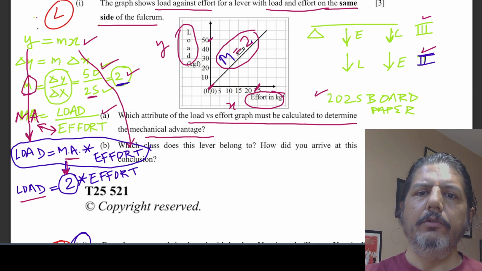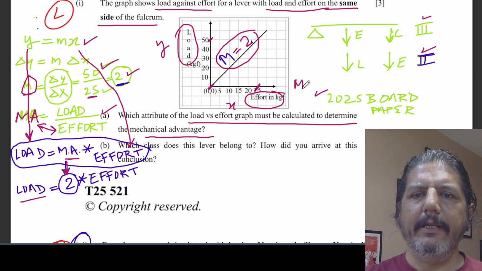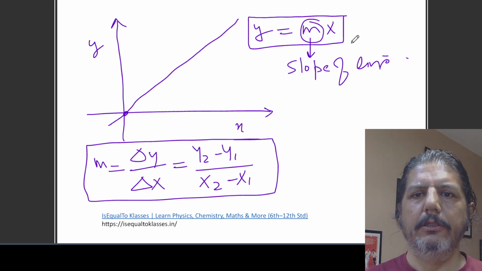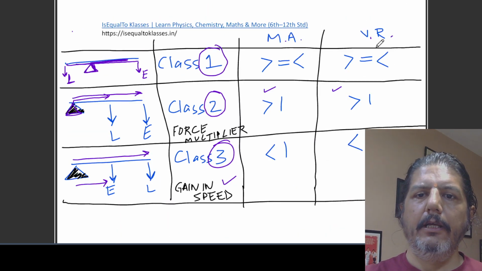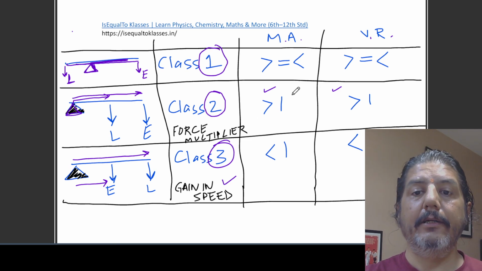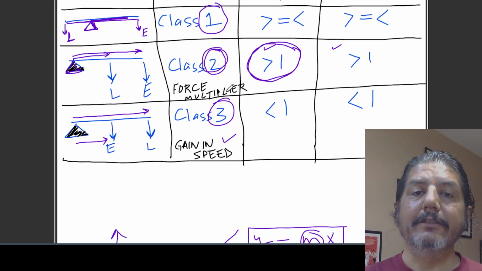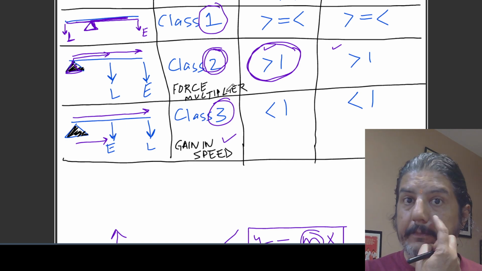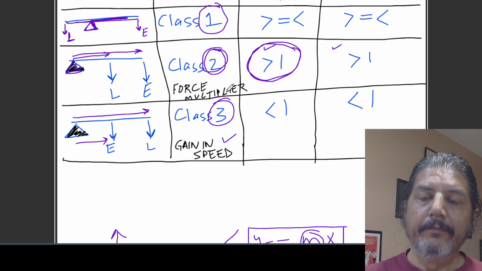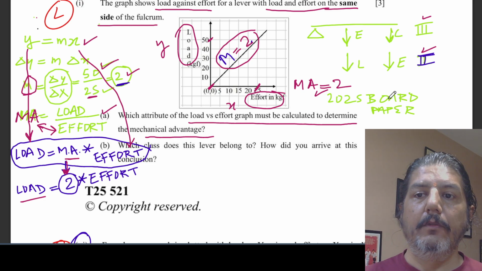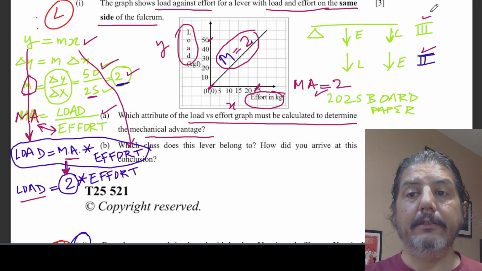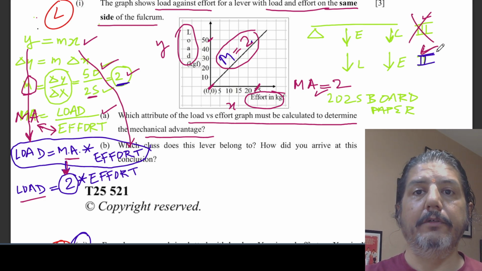Now once we know that the mechanical advantage is 2, we know that between class 2 and class 3, mechanical advantage is more than 1 for class 2, not for class 3. So this is a case of a class 2 lever, not a class 3 lever.